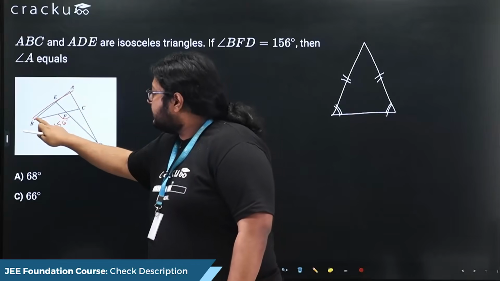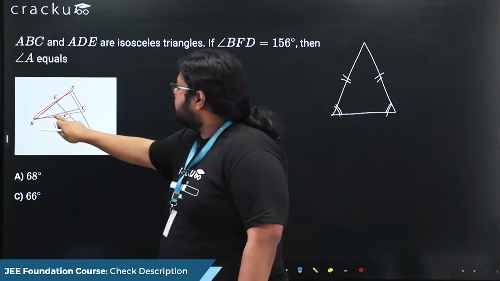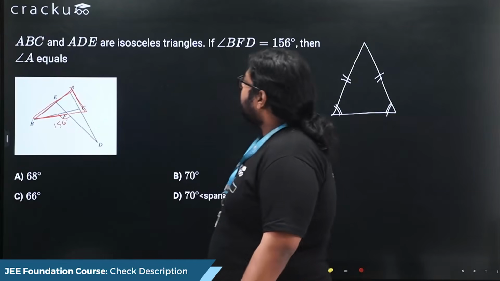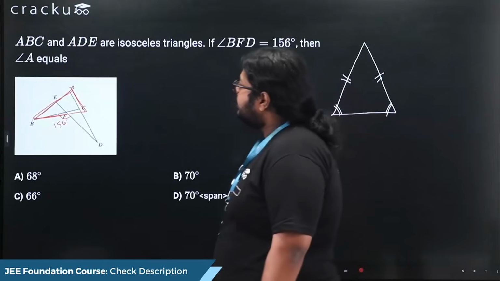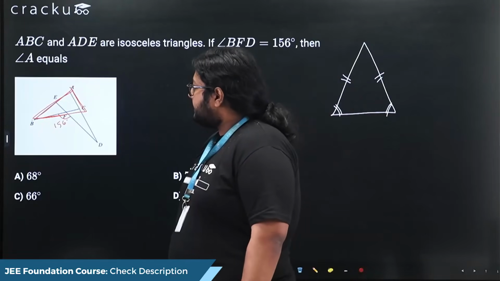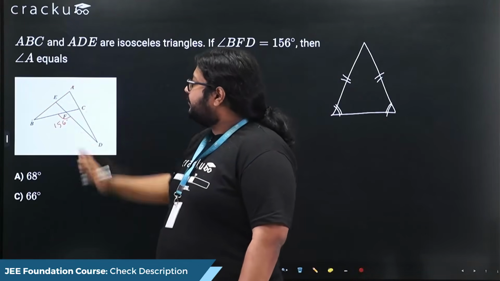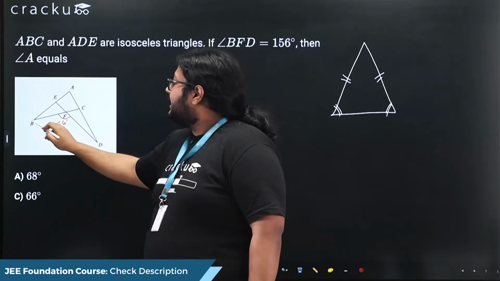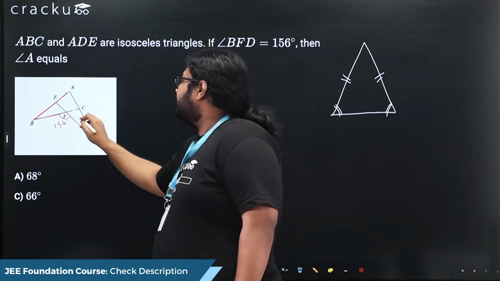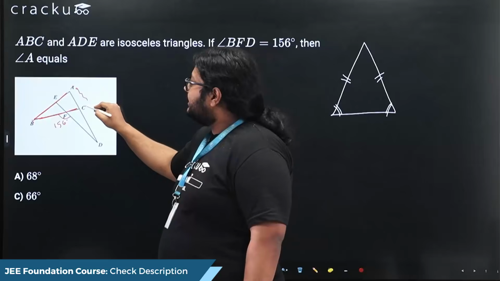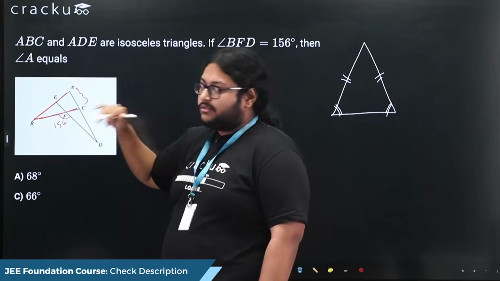What are the isosceles triangles? ABC. So this one is an isosceles triangle. If this one is an isosceles triangle, then looking into the figure, what can we say? We can say that this side is probably equal to this side, because this is clearly not going to be the equal side. Consider the figure.